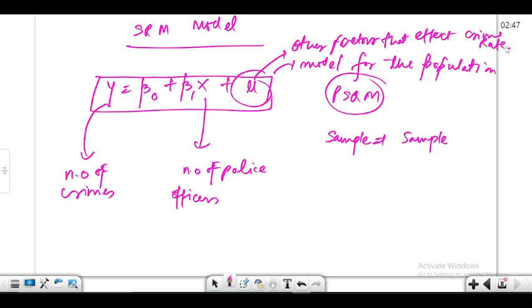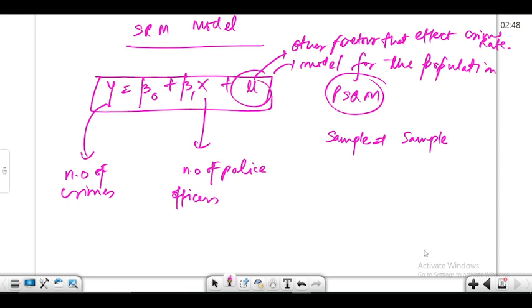These factors can be maybe unemployment, maybe low income levels, or lack of education. So there can be multiple factors that can affect your model or the relationship that you're trying to capture. That is all captured by your error term that is represented by u. Okay, so this is your simple regression model.